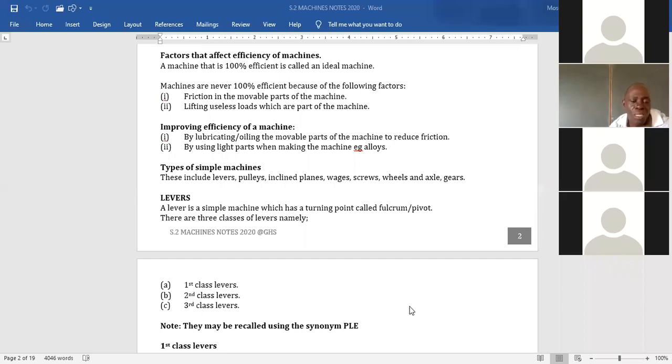That implies it's going to be measured in percentages, because they are the best representations. If I put in 50 and I get 45, that is a very good efficiency. If I put in 50 but I get 20, then I'm below the required level. So that's basically the meaning.